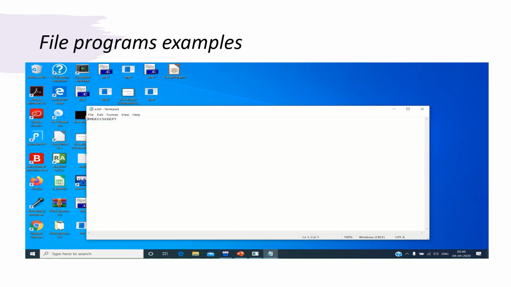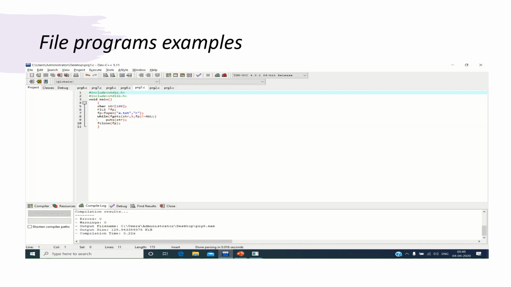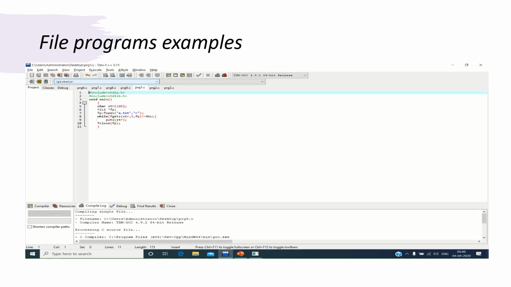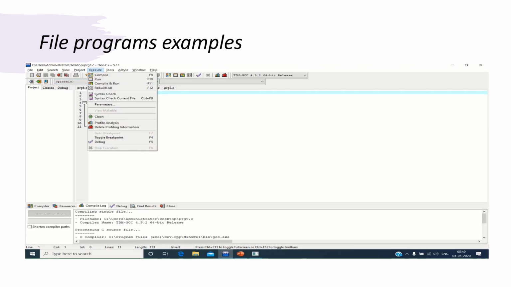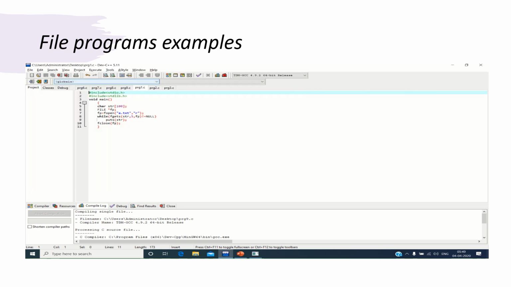It has the text CSC department. Using my program, I am going to read the input from a.txt. You can see that you get the content from your text file a.txt.